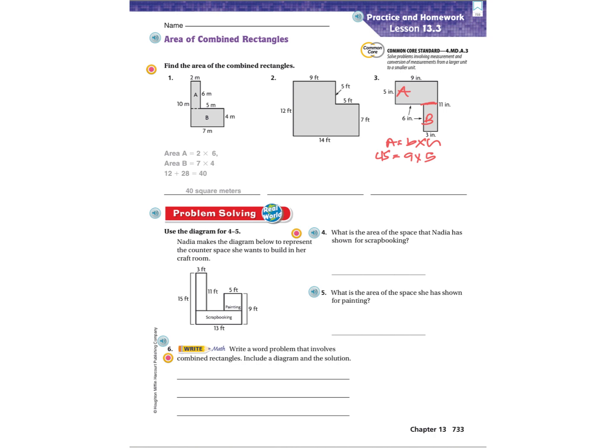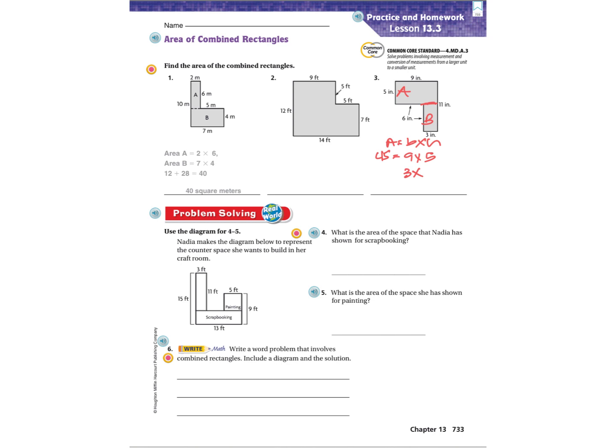Now I'm going to use the same formula and just put the information below it. So if I look at rectangle B, what is my base? Is it going to be 3 or 9? For rectangle B, 3 or 9? Think and say. 3. It is going to be 3. So that's my base, and my height, is it going to be 11 or 6?